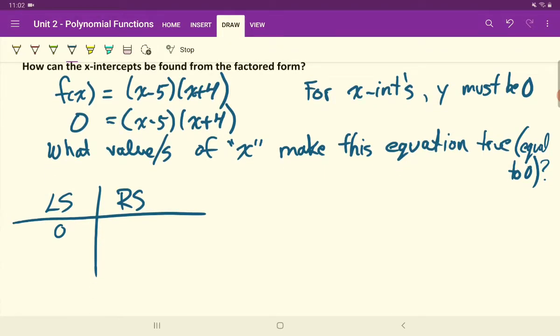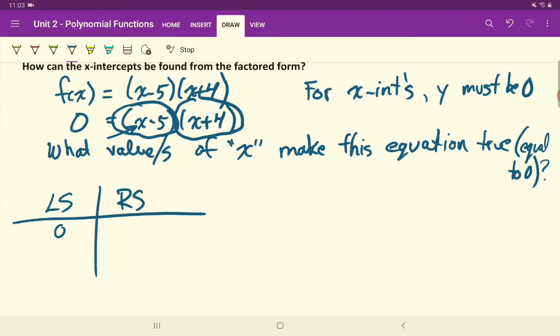Hopefully you see that if either one of these brackets, this one or this one, is equal to 0, then the whole equation is equal to 0 because it's multiplication, right? So it's x minus 5. If that happens to equal 0, then the whole right side equals 0. So what value can we plug in for x right here that makes our equation equal to 0?